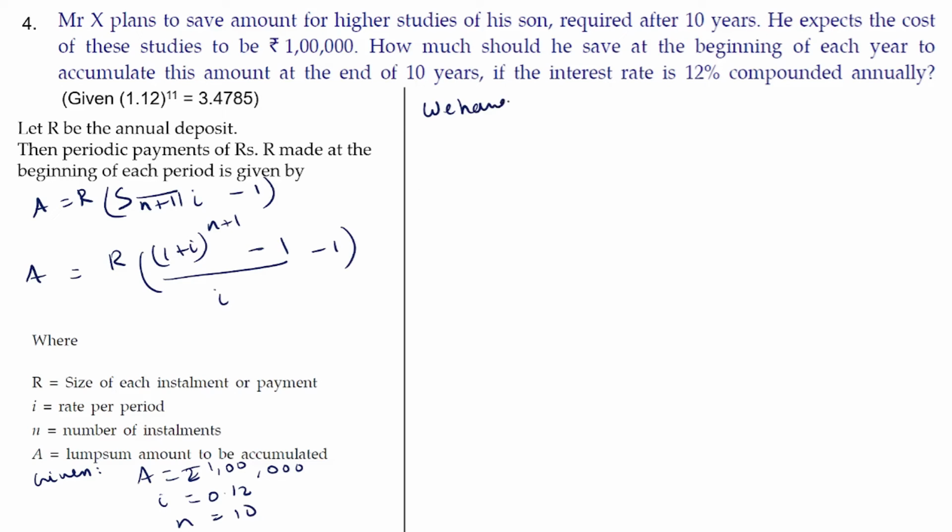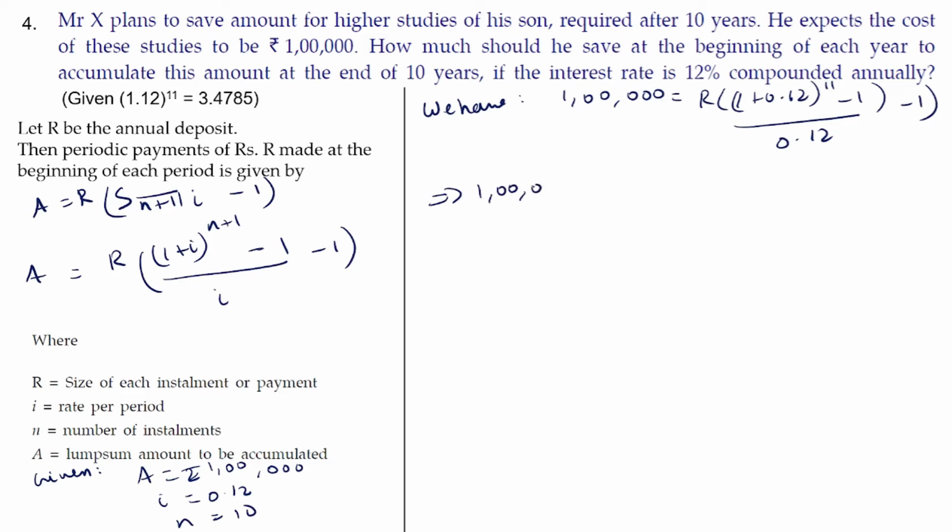So we have 1 lakh is equal to R into (1 plus 0.12) the whole raised to n plus 1. In the formula we have n plus 1, so 10 plus 1 is 11, minus 1 upon 0.12, minus 1. So this implies 1 lakh is equal to R into (1.12) the whole raised to 11 minus 1 upon 0.12, minus 1.